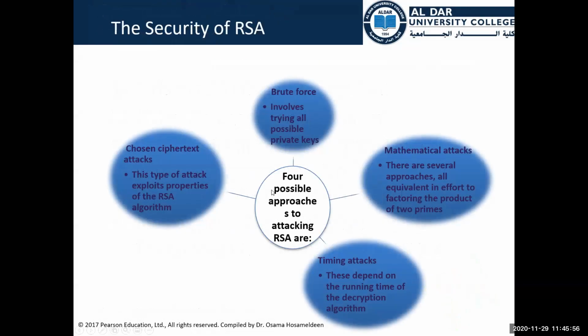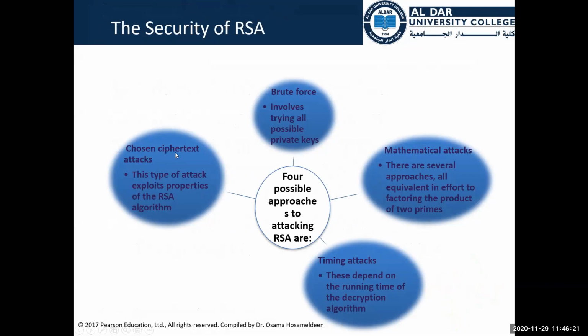So we pick two numbers, we check if they are prime or not, and then we can continue the procedure of making the public and private keys. Now, for the security of RSA, if you imagine that RSA is very strong, no, it is not too strong. They have common attacks like a chosen ciphertext attack.